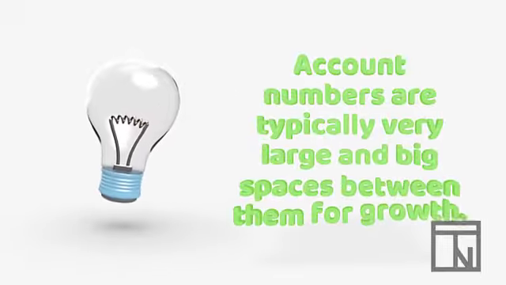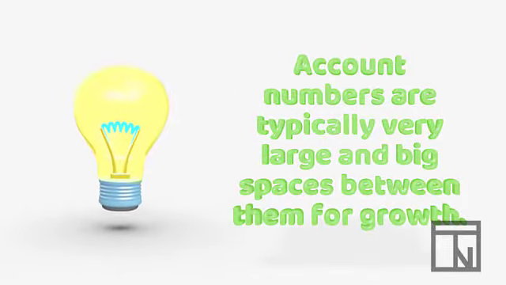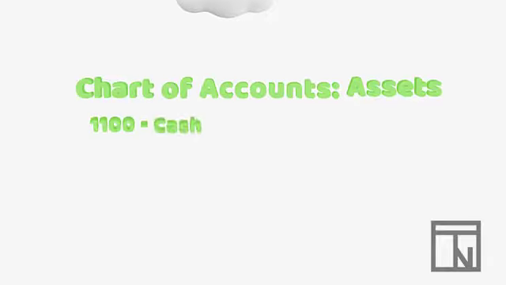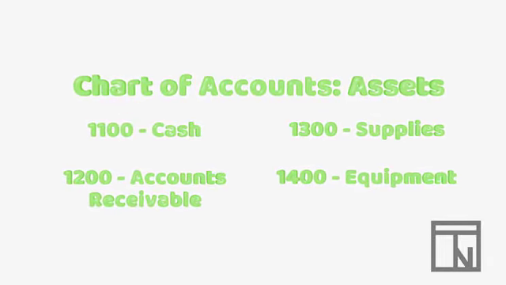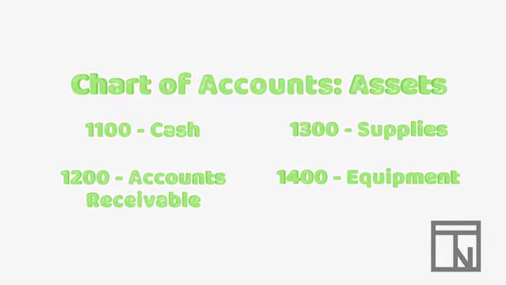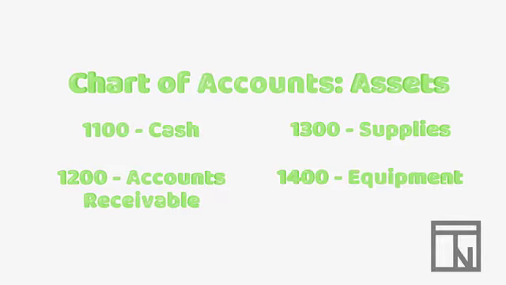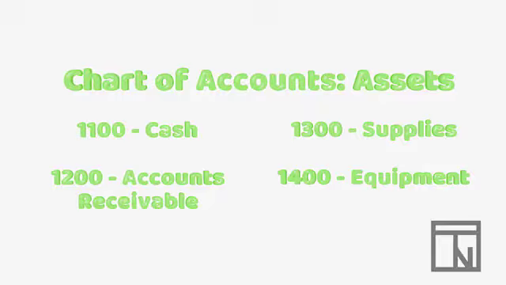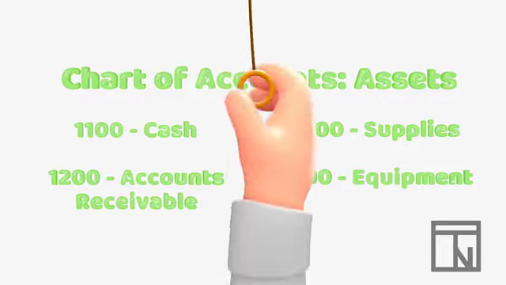The order of the accounts is more important than the numbers. So when accountants create numbers for accounts, they typically make them very large, like in the thousands, and leave big spaces between the numbers so that there is room to add new accounts in between as the company grows. So for example, our assets section would possibly look something like this: cash as 1,100, accounts receivable is 1,200, supplies is 1,300, and equipment is 1,400.